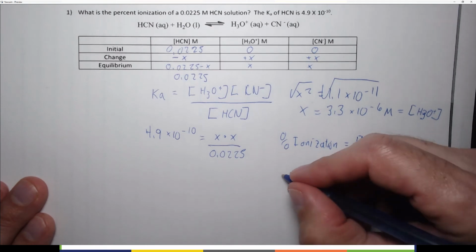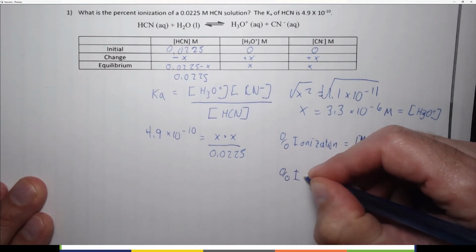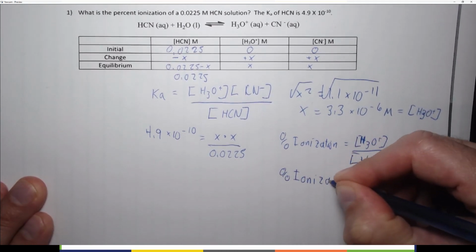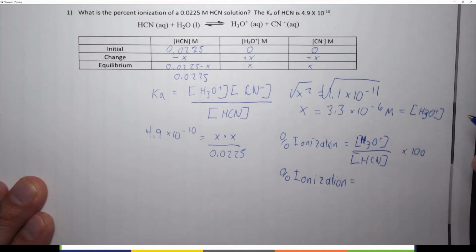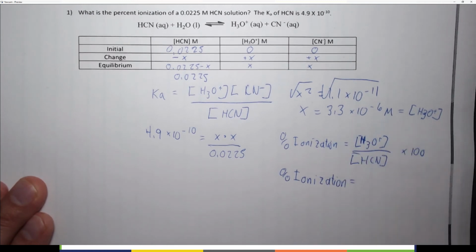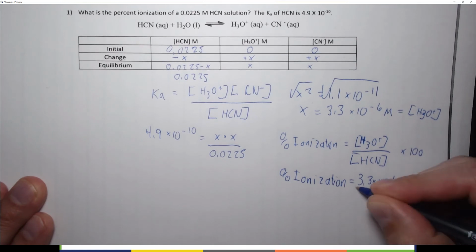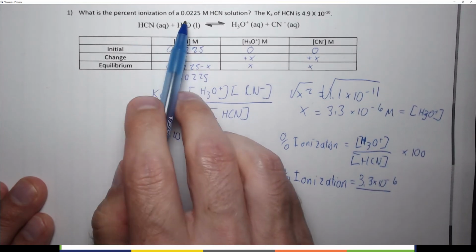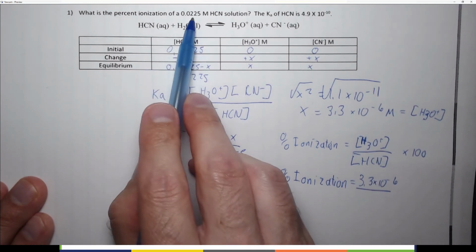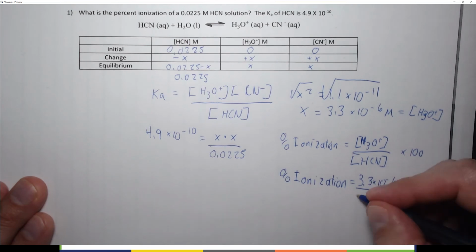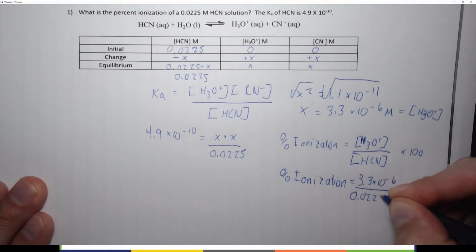So when we want to find the percent ionization, we plug in what we know. Well, we know the concentration of H3O+, that's what we just figured out, 3.3 times 10 to the minus 6. We know the concentration of HCN because that's given to us in the problem, which is 0.0225.